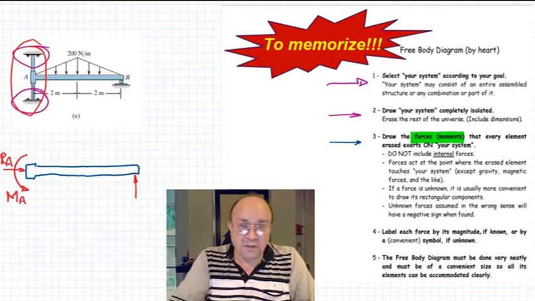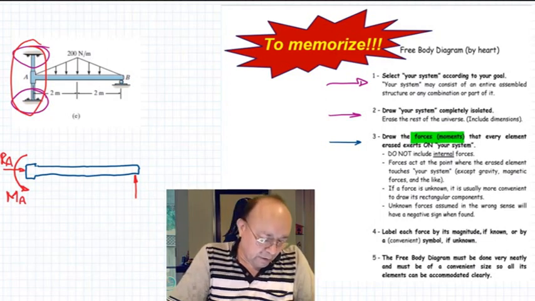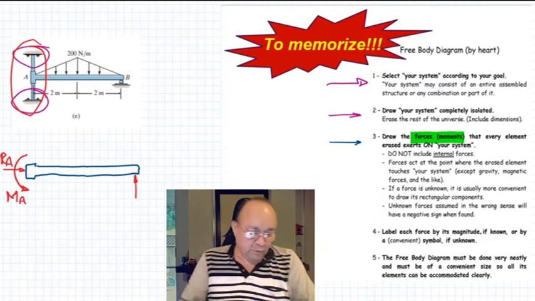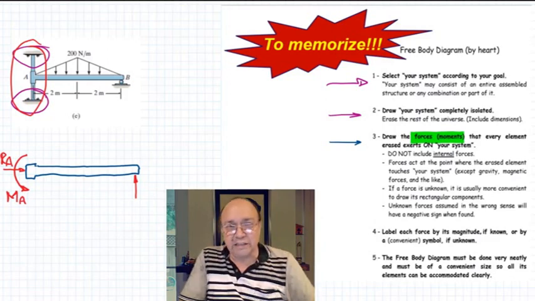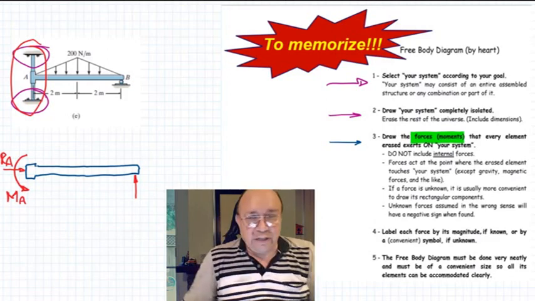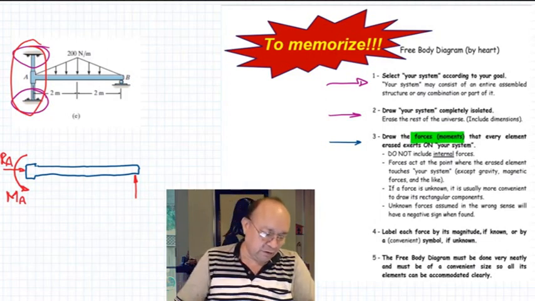All those three forces are unknown for us. We know the direction, we might not know the sense. It doesn't matter. You just put it in any sense that you want, and you will get the right sense when you find the sign of the final result.